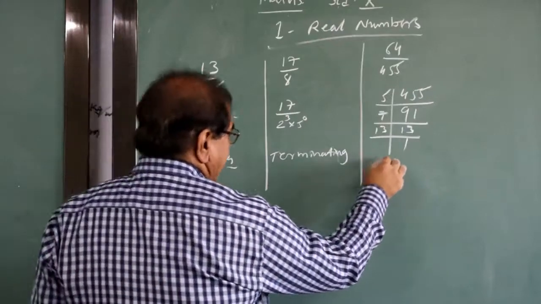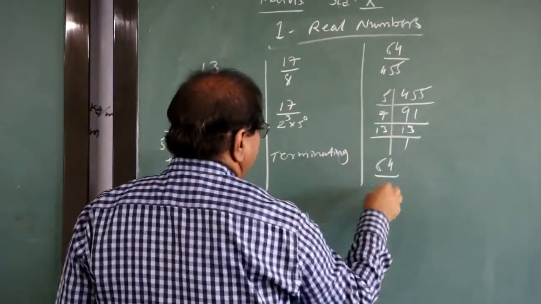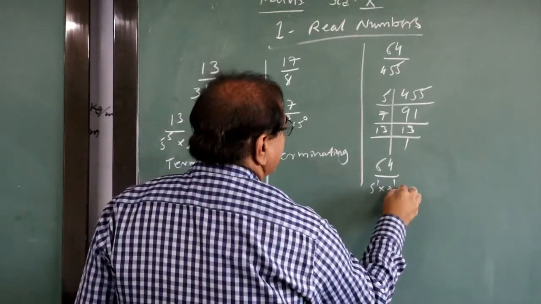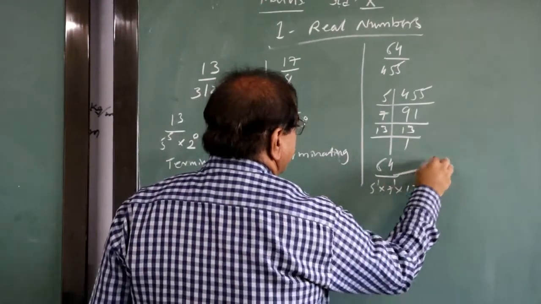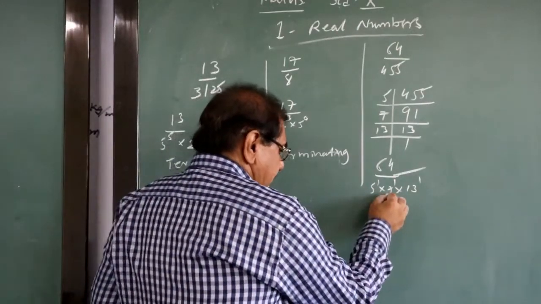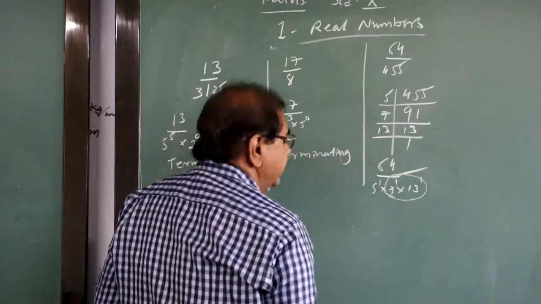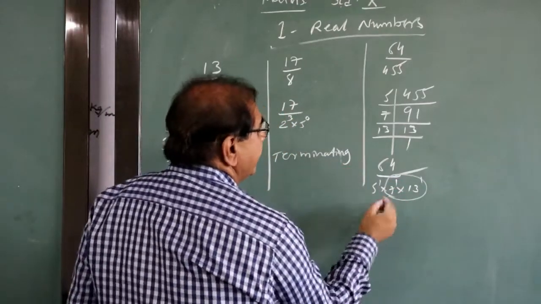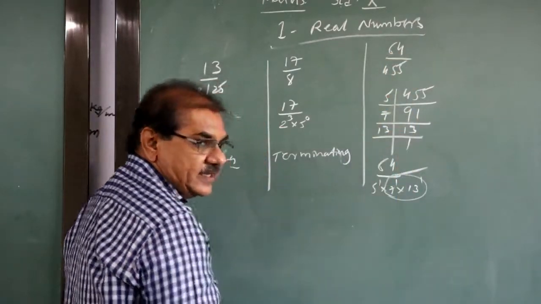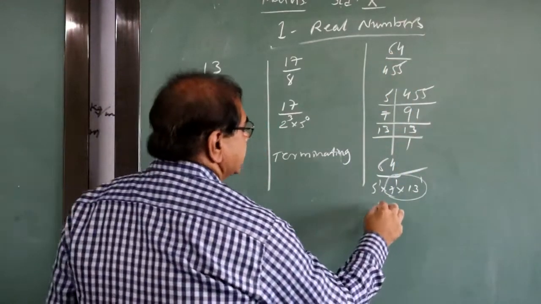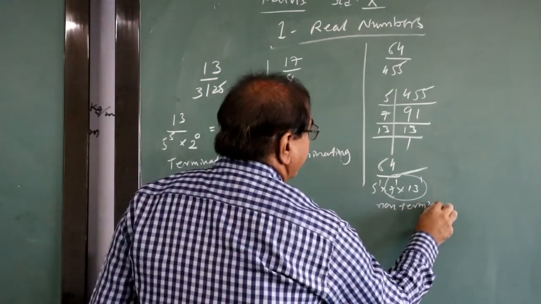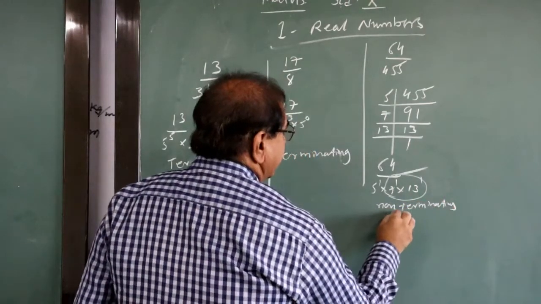So here you can check 64 upon 455 means 5 raised to 1 into 7 raised to 1 into 13 raised to 1. Here you can check that the prime factorization of q contains other than 2 and 5, that is 7 and 13. So such a fraction, if I take the decimal expansion, is non-terminating, repeating.